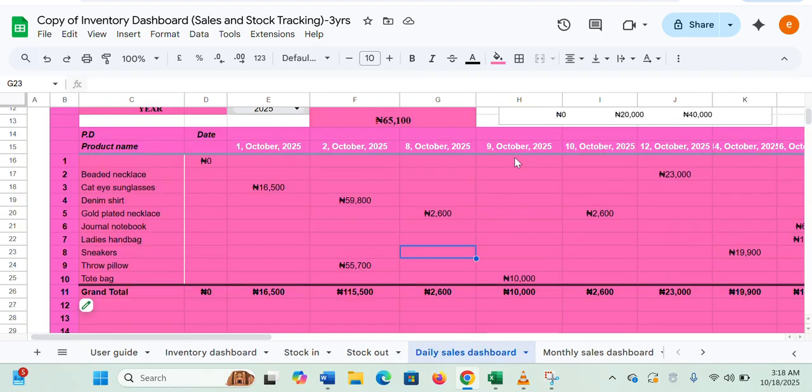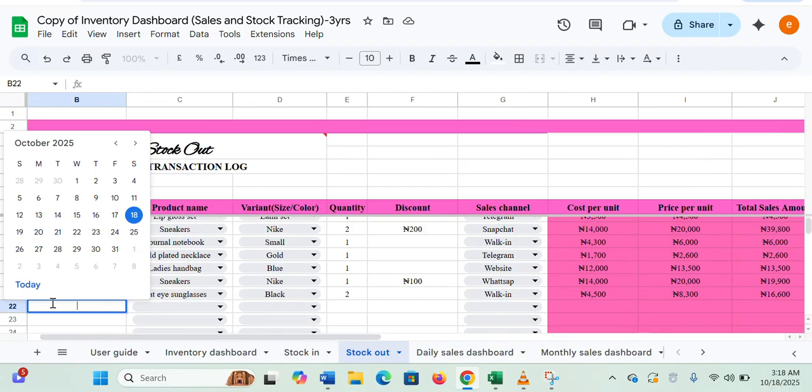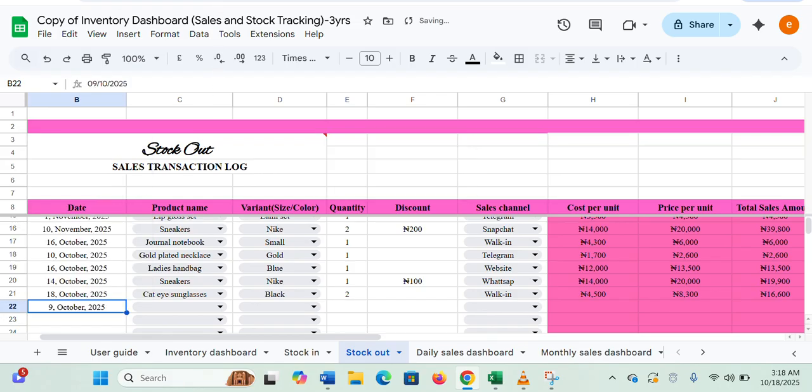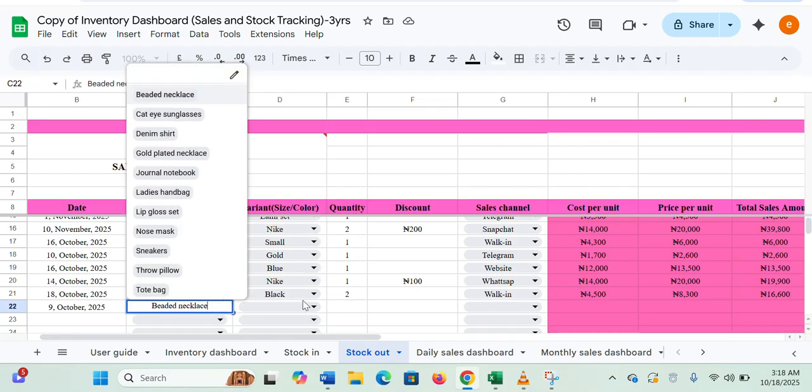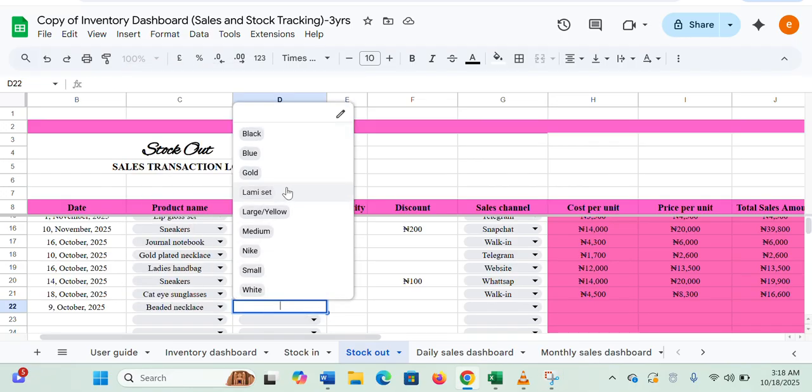So now let's say, for example, 9th of October, I want to sell beaded necklace. This was empty before, but now let's see what happens when I sell a product on 9th of October. I want to input date, which is the 9th of October. Again, remember, we are selling beaded necklace, right? The variety of beaded necklace that we have is the one in white.